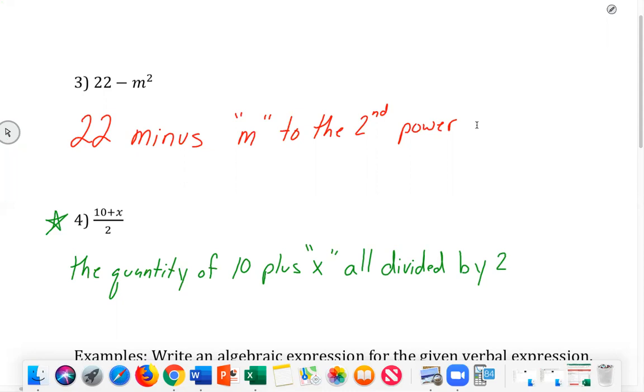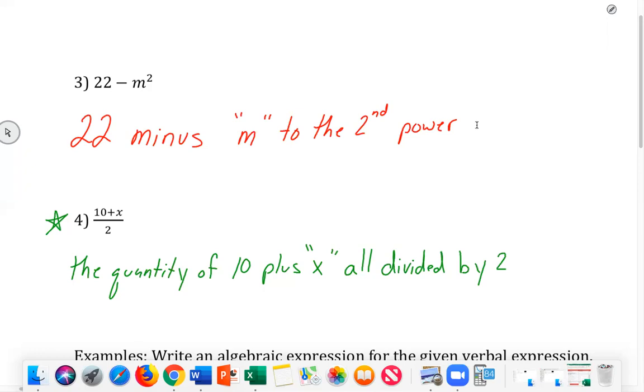Now, why did I have to say it like that? Well, that fraction bar makes it so that I have a top, which is all being dealt together, and a bottom, which is all being dealt together. So it kind of breaks it up just like parentheses. So that's why I have to treat it as a set of parentheses with the quantity of.